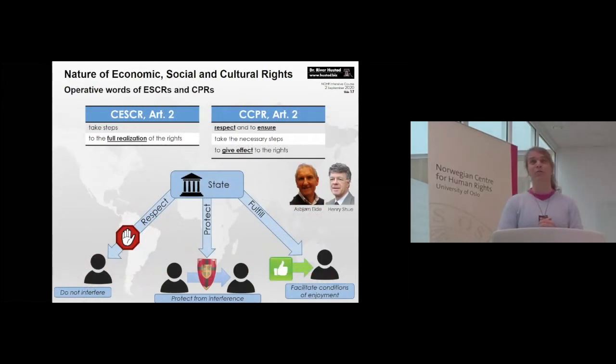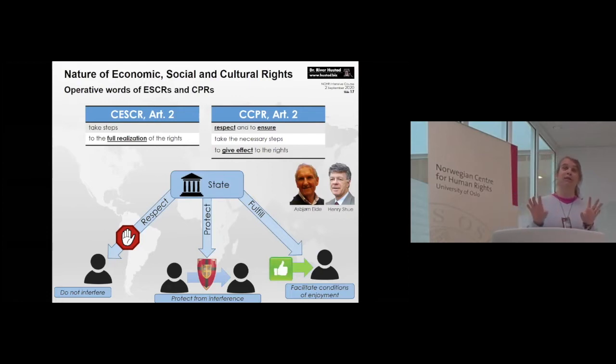So the nature of the rights. I said we come back to those blue boxes that show the differences between the two covenants. Covenant on economic, social, cultural rights does not have those words respect and ensure. They just have full realization. But the Covenant on Civil and Political Rights also has to give effect to the rights. So if we look at the definitions of these two, what that means is both of them require full realization.